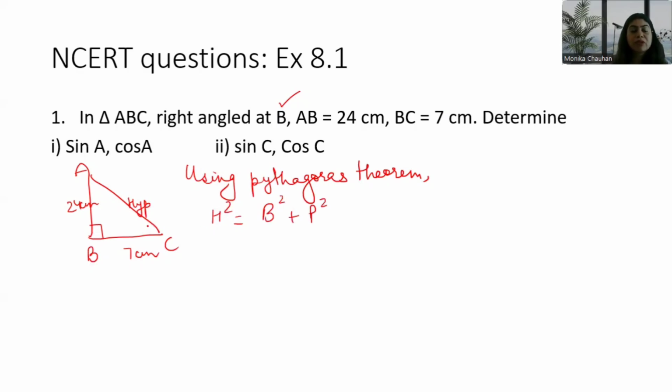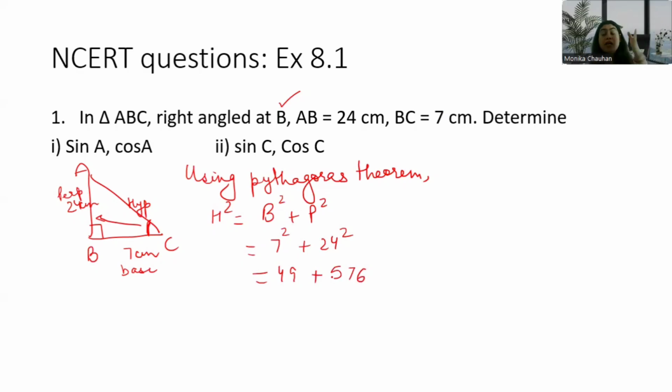Because I have to calculate first of all for C. Okay, so this is C, and for me, the opposite side is this side, which is perpendicular, because I will calculate for this. This is my base. Okay, so base is 7 square and perpendicular is 24 square. 7 square is how much? 49, and 24 square is how much? 576. I hope you still remember your grade 8, all the squares.